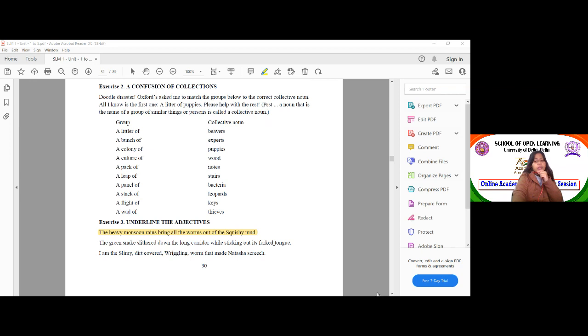But for now, tell me what is the adjective in this sentence. The heavy monsoon rain brings all the worms out of the squishy mud.